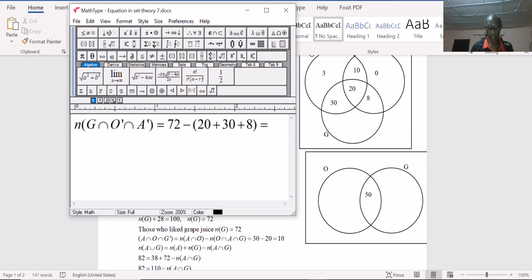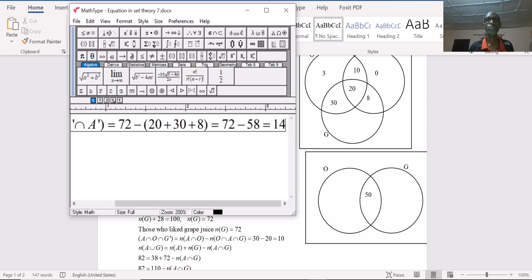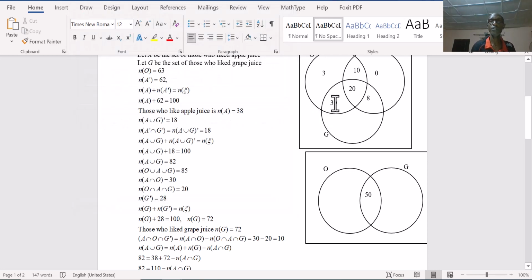So 72 minus 58 gives us 14. So I'm going to write 14 here.